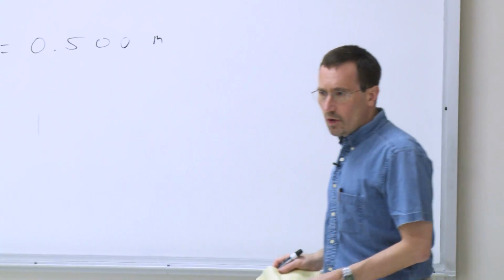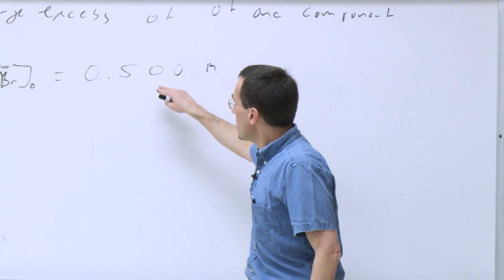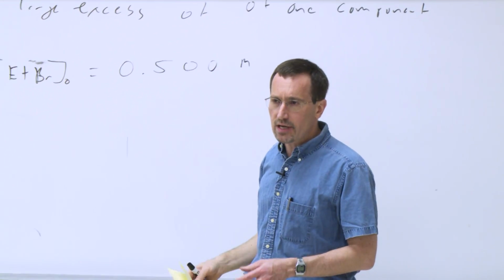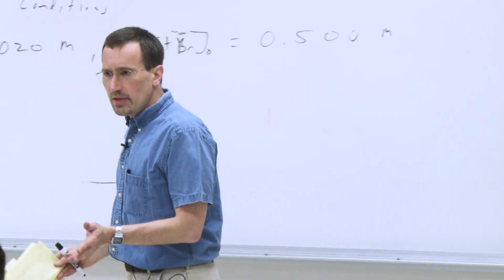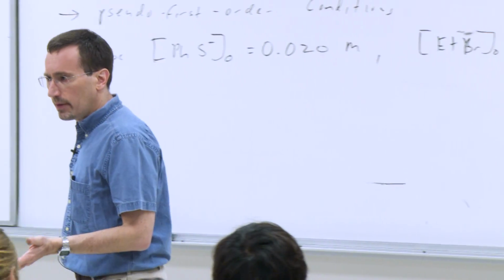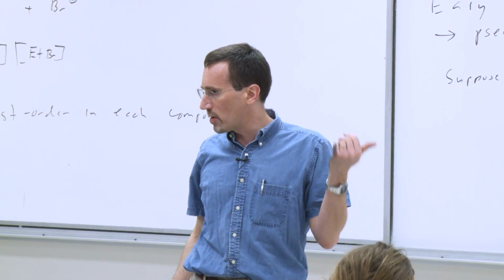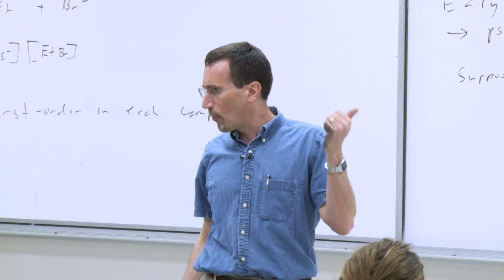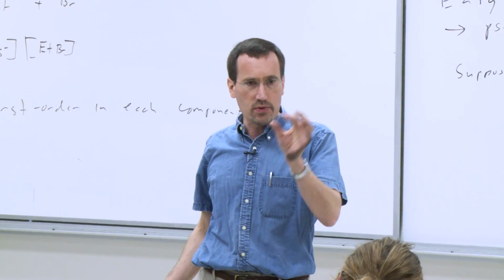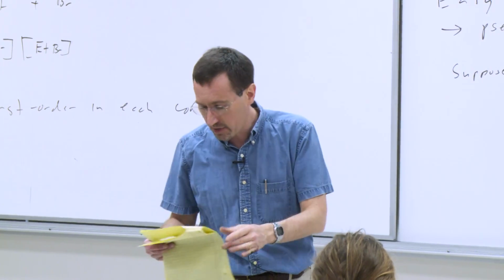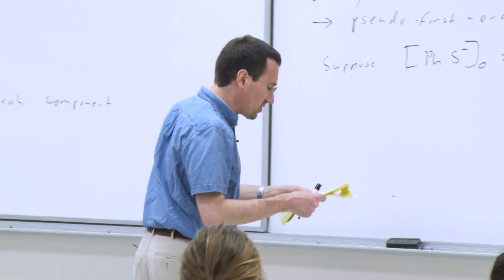Now, over the course of that reaction, the concentration of our ethyl bromide is barely going to change. By the time the reaction has gone to completion, the concentration of ethyl bromide is only going to be 0.480 molar. In other words, it's only going to have changed by 4%, a couple of percent. That's not a lot of change.